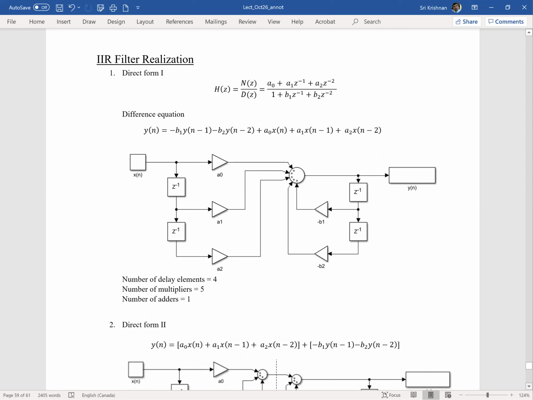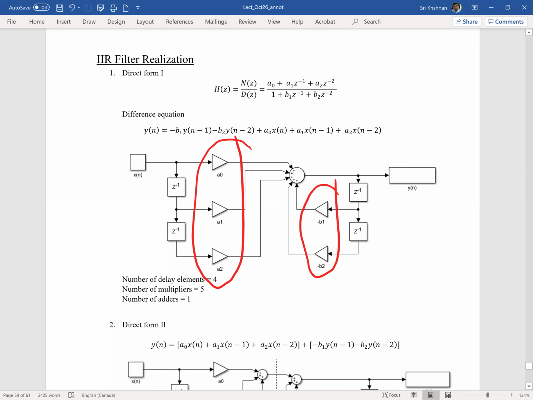Standard representation here: there's an input, and the input variables are multiplied by the coefficient A's, as shown here, and the feedback, which comes from the output y being fed back into the system, is multiplied by the coefficients A's here.